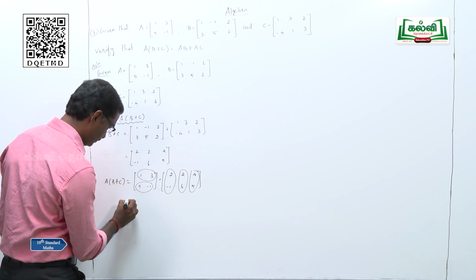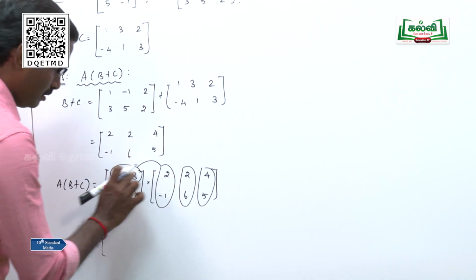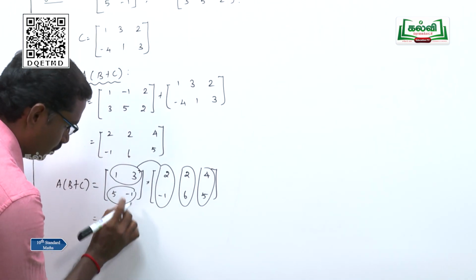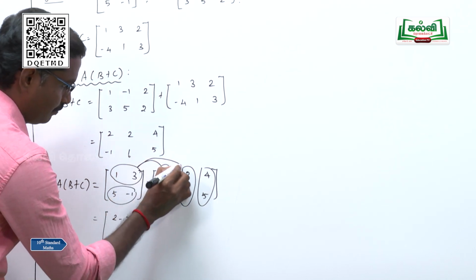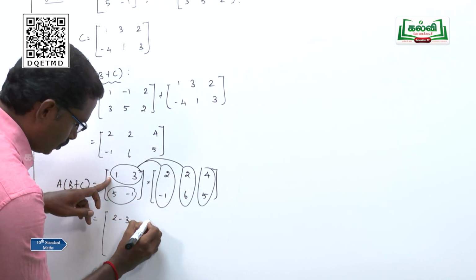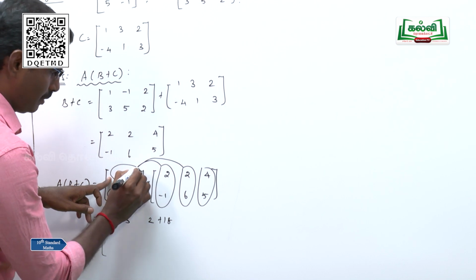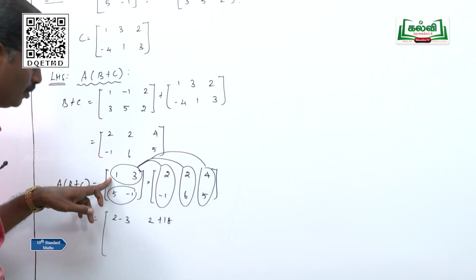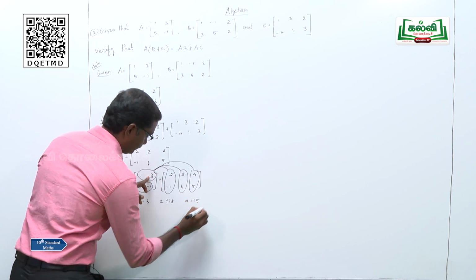First product, first row, first column. Multiply directly: 1 2s are 2, 3 minus 1s are minus 3. Second product, first row, second column. 1 2s are 2, 3 6s are 18. Third product, first row, third column. 1 4s are 4, 3 5s are 15.